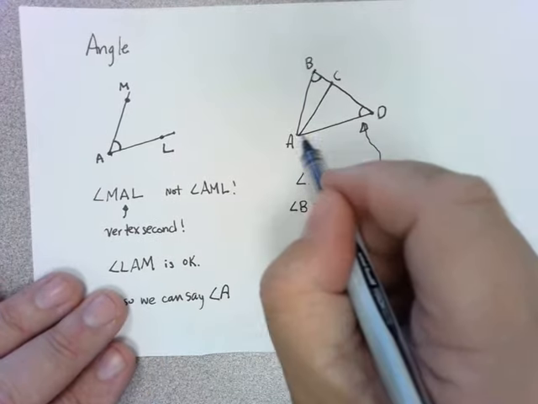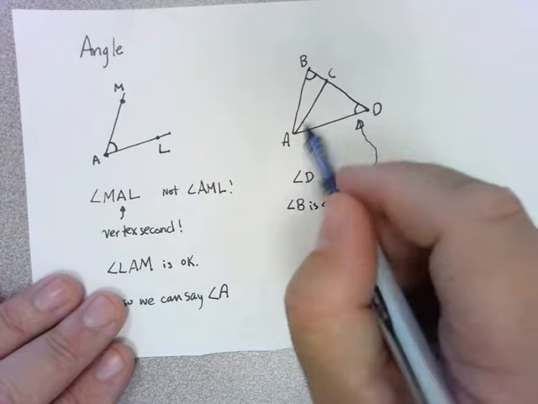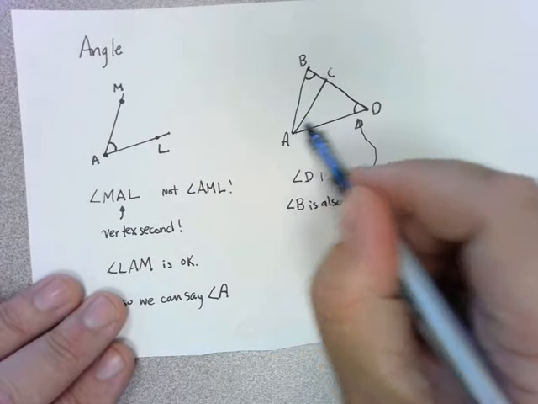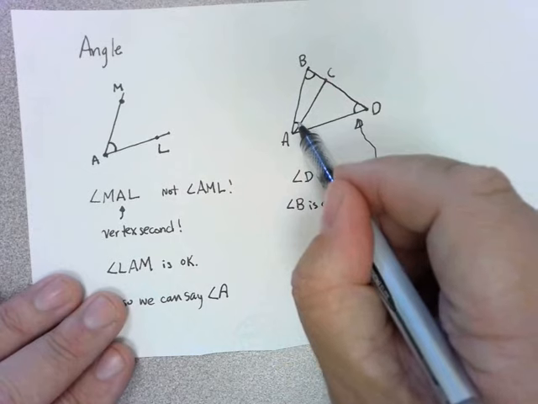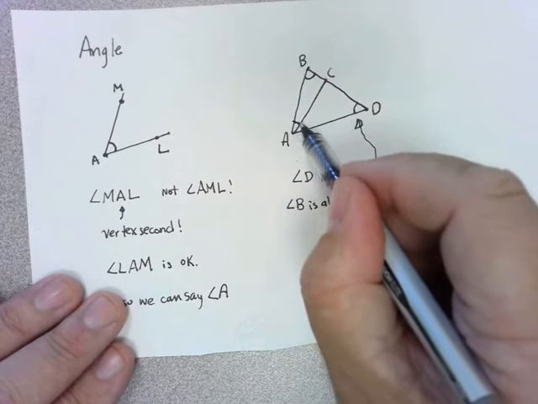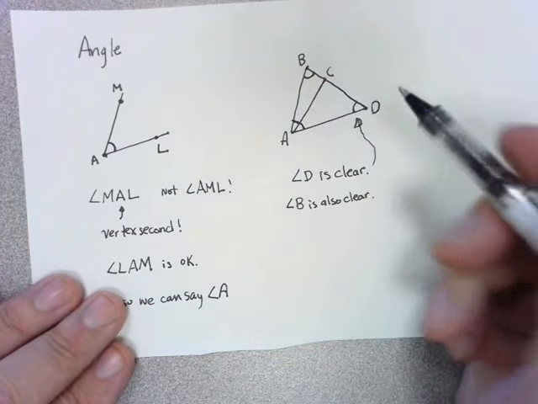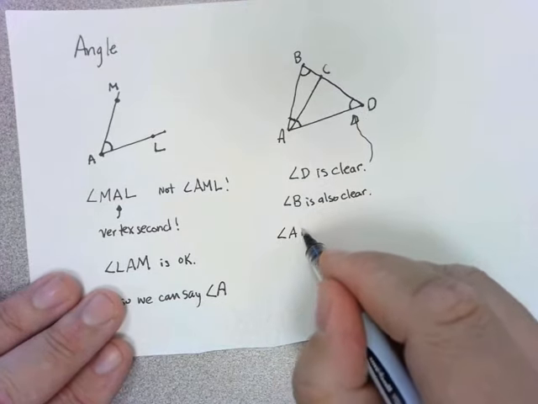But you wouldn't want to say angle A, because there's three angles with vertex A in this picture. There's this one here, and then there's this one here, and then there's the whole one that goes all the way across there. So angle A is unclear, so we wouldn't want to use it.